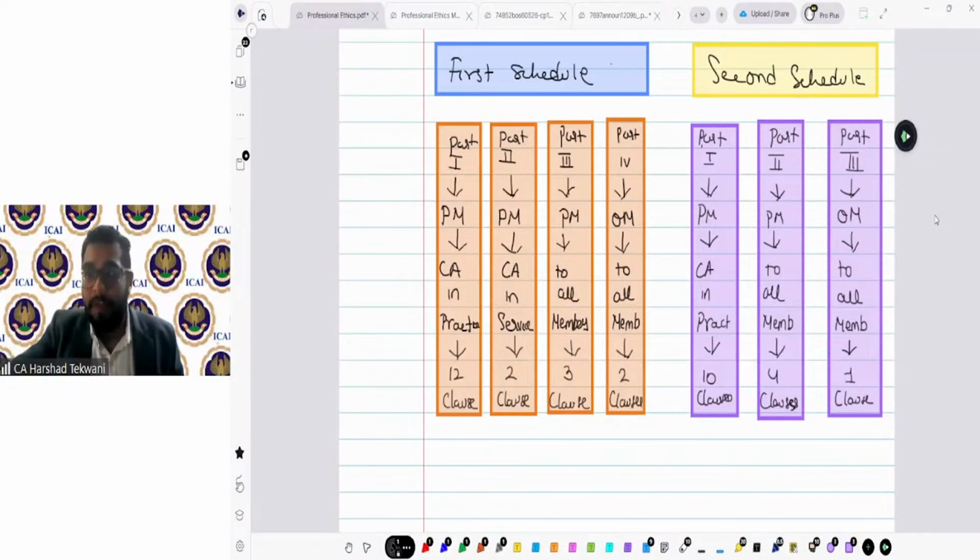And in that case, once he becomes guilty of professional misconduct, his matter is placed before the board of discipline or disciplinary committee. When we see the disciplinary mechanism, we'll see that if a member of institute is guilty of first schedule, then the matter goes to the board of discipline.